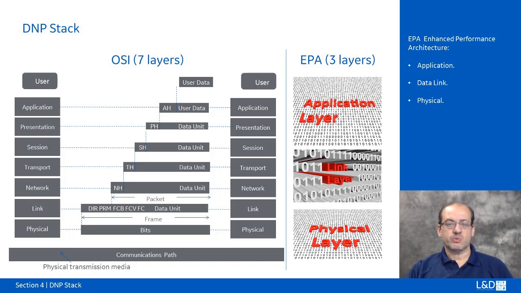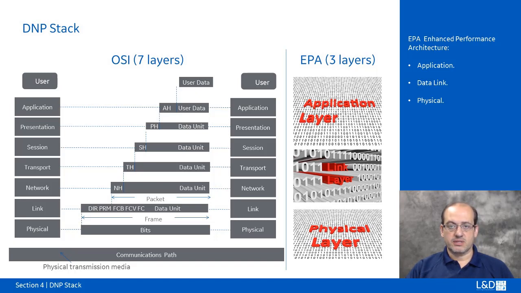For example, there are people out there who would tell you that the application layer has a layer above it, which is the user layer, or the link layer has a layer inside it, which is the transport layer. And that's true. There are other layers that will show up in DNP as communication requirements show up in the field of communication.